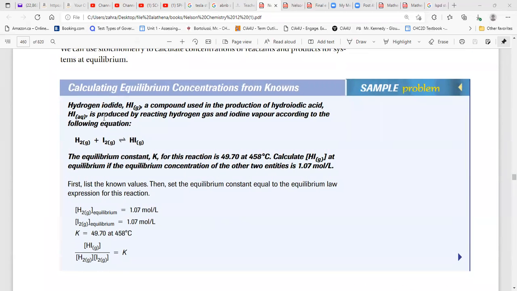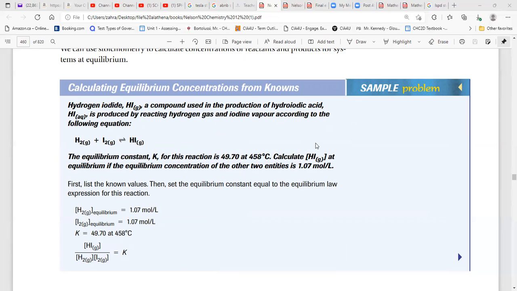Here's another question. Hydrogen iodide is a compound used in the production of hydriodic acid. HI is produced by reacting hydrogen gas and iodine vapor according to the following equation. The equilibrium constant K for the reaction is 49.7 at 458 degrees Celsius.